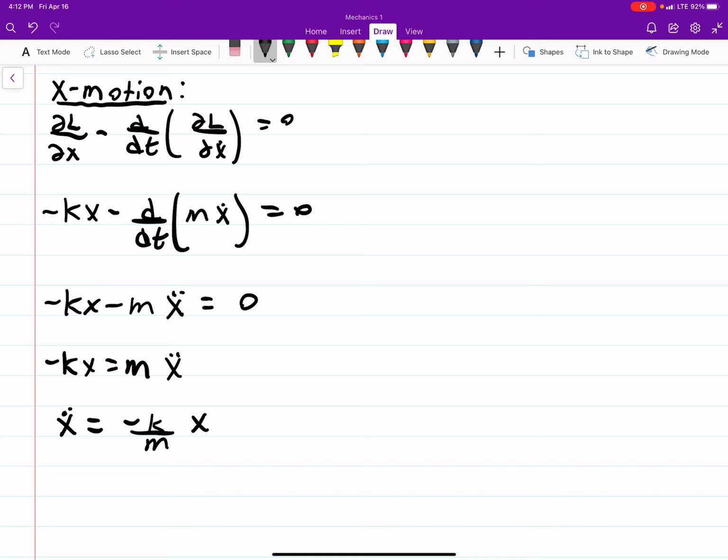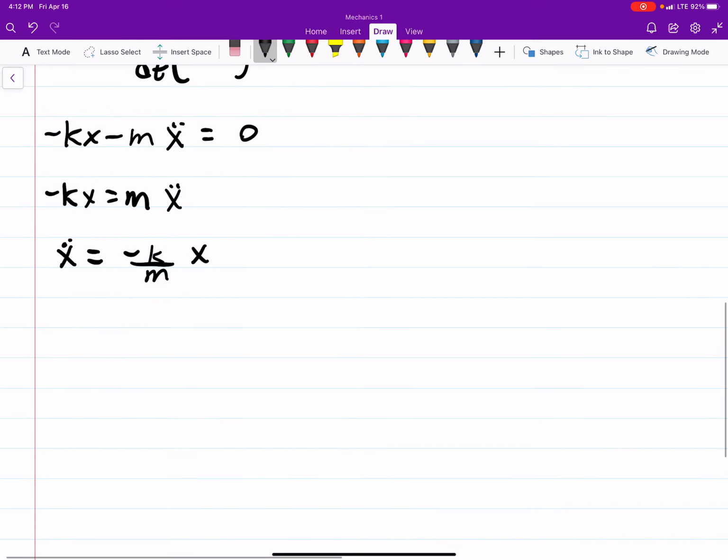Now, you've probably seen this a lot. I know I've worked similar ones like this out on the channel before, but we have a function, second derivative of this function, and that is equal to the function times its constant. So this is actually simple harmonic motion.